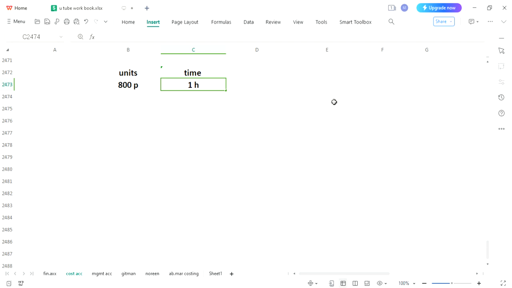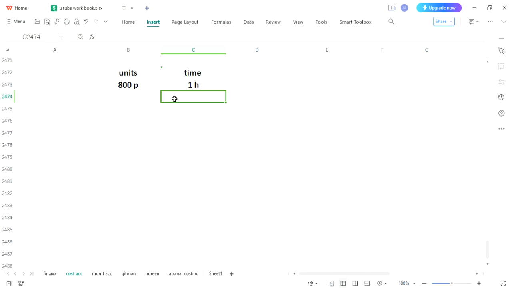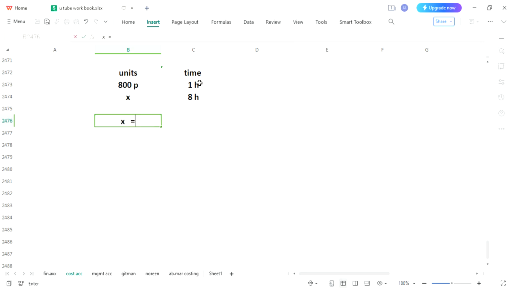So the next calculation is that they have worked for 8 hours. How many units would be made in 8 hours? This would be our question. Now please listen: 800 pieces are made in 1 hour. How many units would be made in 8 hours? Simple calculation, we will cross multiply. 8 would be multiplied with 1, so we have x on the left side.